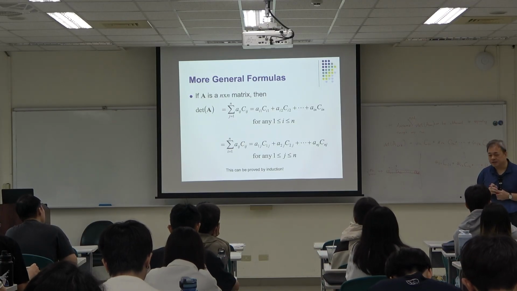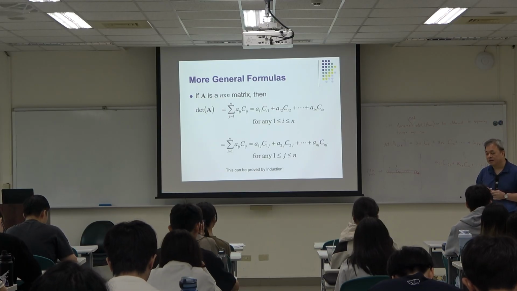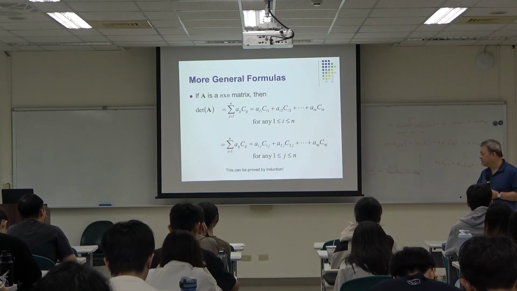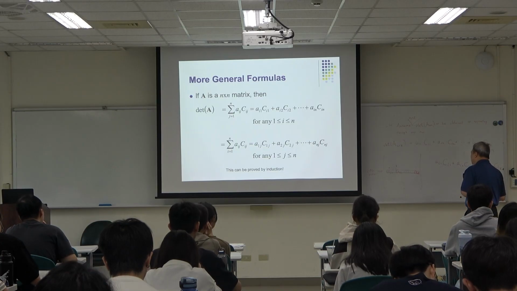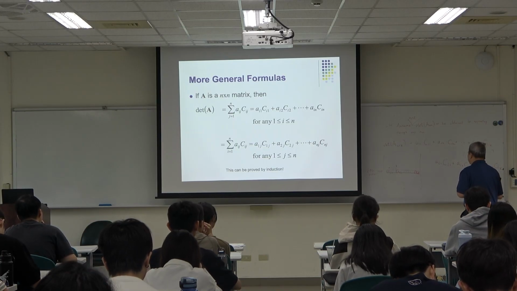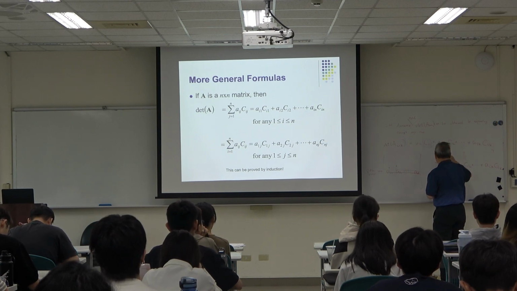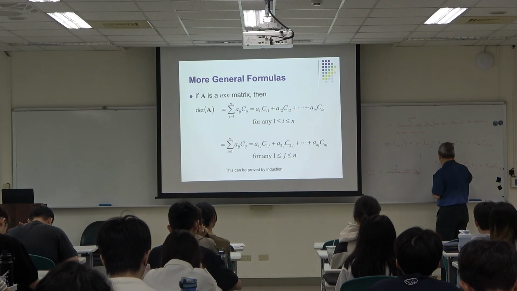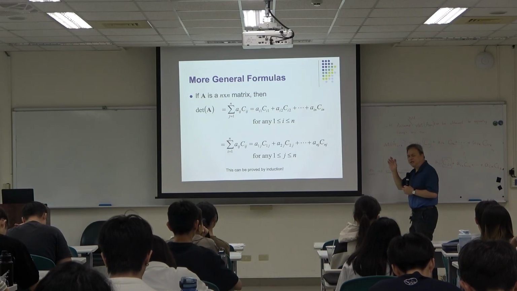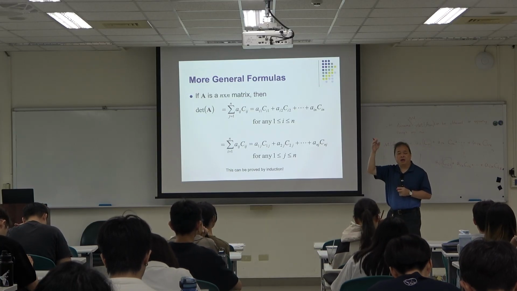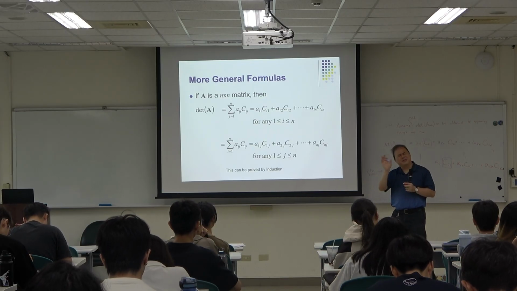Is that right? So what are the relationships? Let's look at C11 and CI1. Let's forget about the -1 to the power something, and look at the determinant of that matrix first.